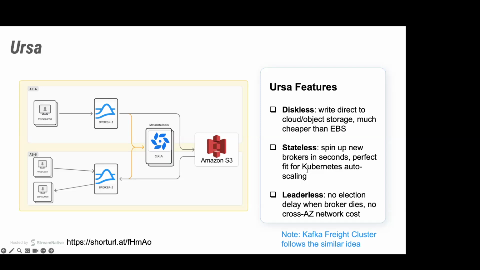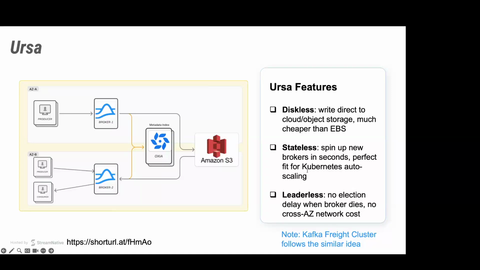But there is no free lunch. The consumer needs to read all the messages of a topic in the correct order, but the messages in Ursa are now written by the producers from different AZs into their corresponding brokers.